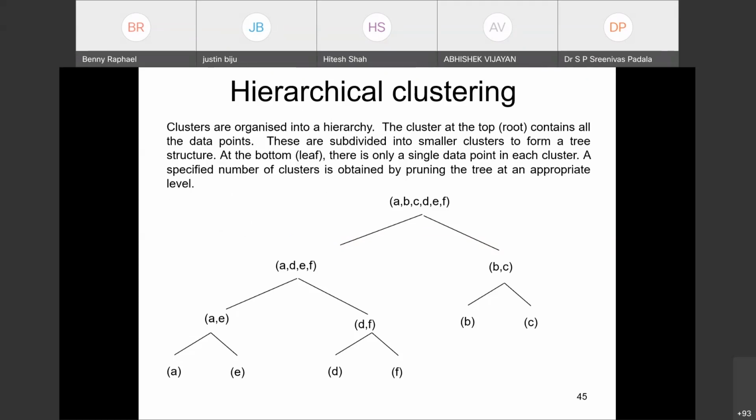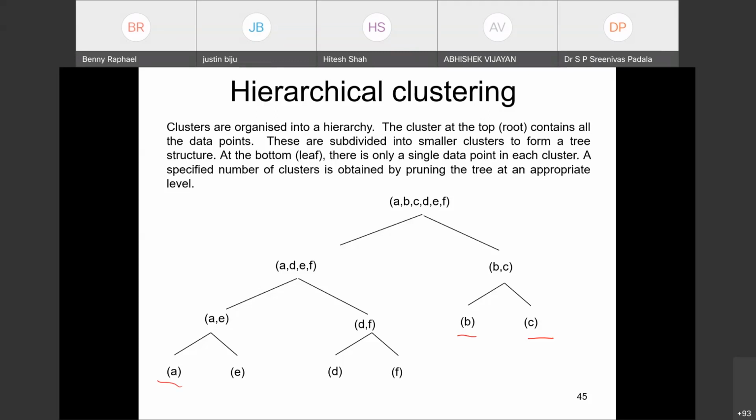So in this example, here I have, let us say, 6 data points, A, B, C, D, E, and F, having different attributes. And to start with, we put each point into a separate cluster. So A is one cluster, B is another cluster, C is another cluster, and so on.